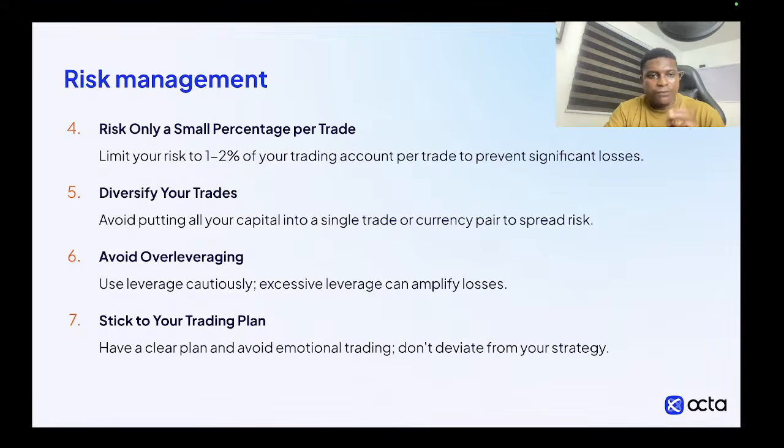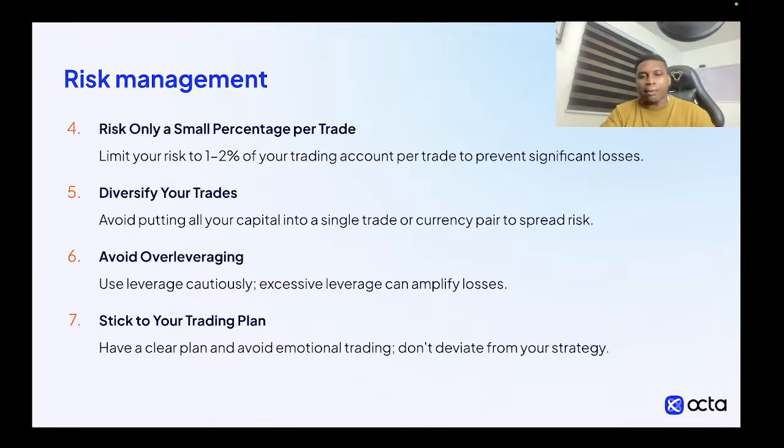Four, risk only a small percentage per trade. Which means you want to limit your risk to 1 to 2% of your trading account per trade to prevent significant losses. Good. Now five, you want to diversify your trades.